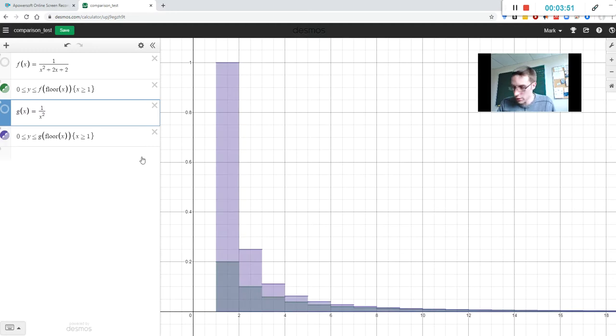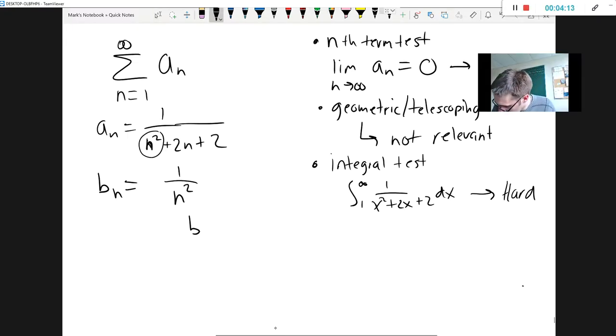What I want you to notice from the picture is that all of the individual rectangles that represent terms in our series for b_n are actually bigger than the corresponding a_n. So the purple rectangles are bigger than the green. And what that suggests, switching back to the whiteboard, is that b_n is greater than or equal to a_n. Now, that is not a proof, but at least the picture suggests that that comparison holds.